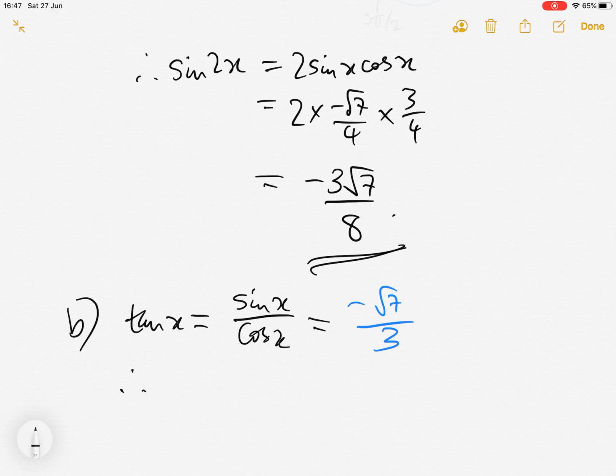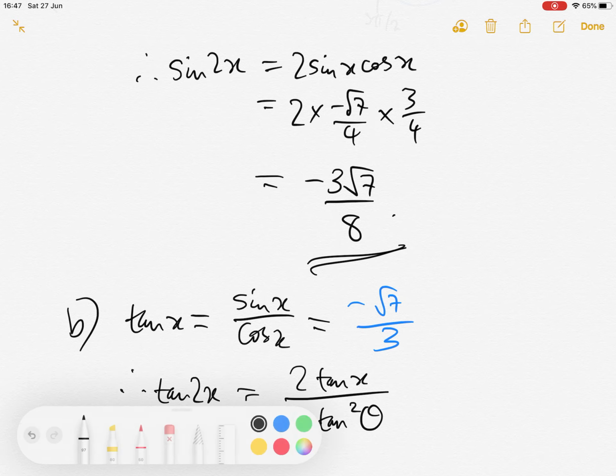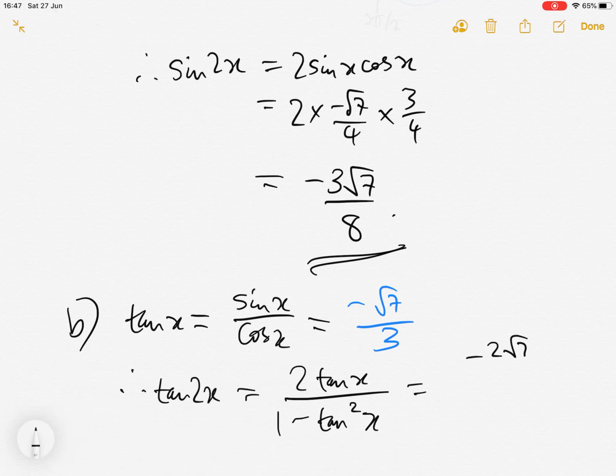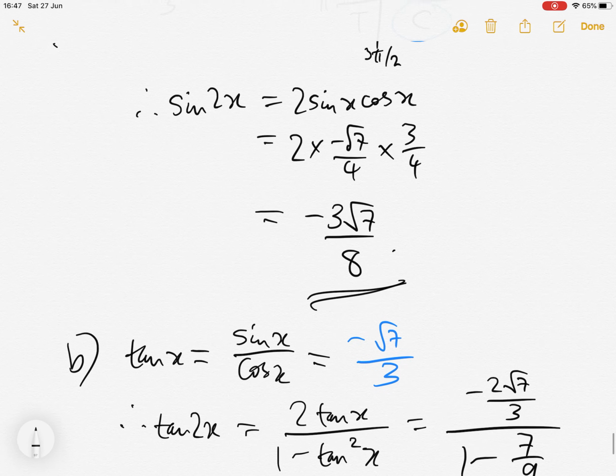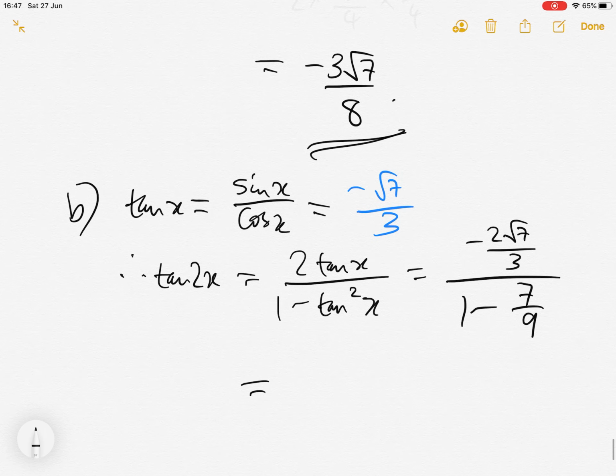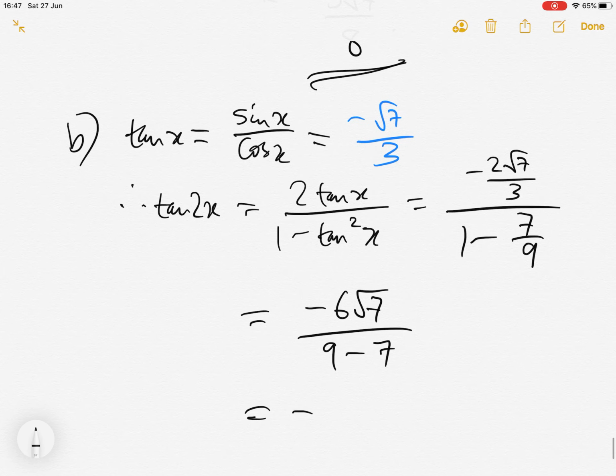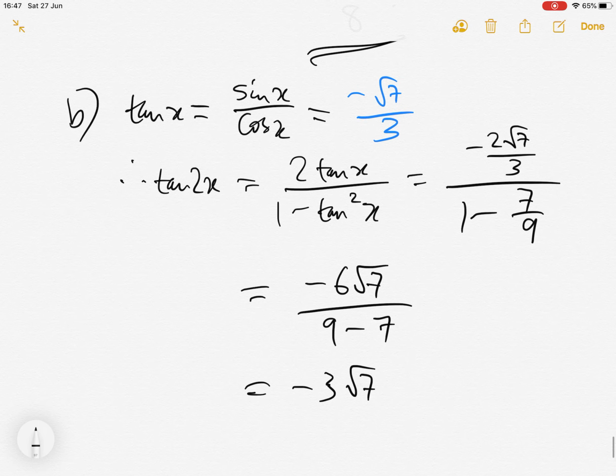And therefore, we can now use the double angle formula. Tan 2x is 2 tan x over 1 minus tan squared x, which is minus 2 root 7 over 3 over 1 minus 7 over 9. And if we multiply top and bottom by 9, remember we want an exact answer, we're going to get minus 6 root 7 over 9 minus 7, which is minus 3 root 7.